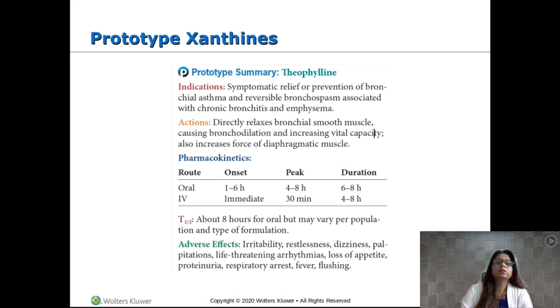So it helps the lungs to breathe better, to open and close better. It also increases the force of diaphragmatic muscles. Now, adverse effects could be irritability, restlessness, dizziness, palpitation, life-threatening arrhythmias, loss of appetite, proteinuria, respiratory arrest, fever, and flushing.